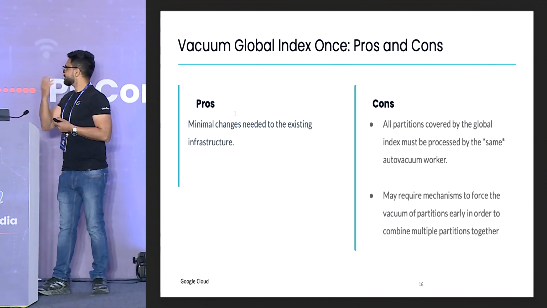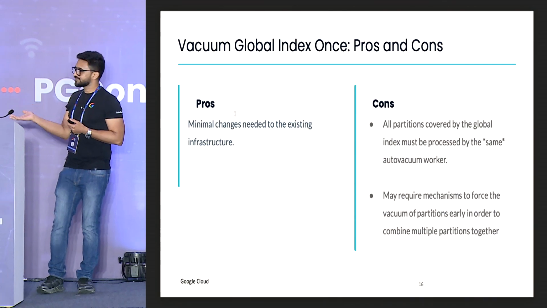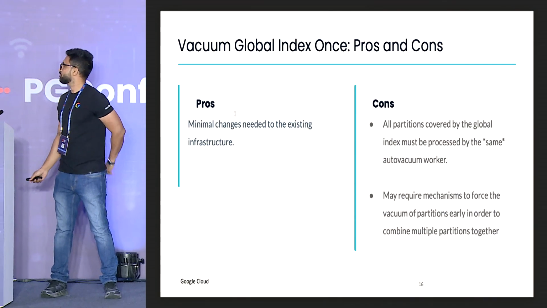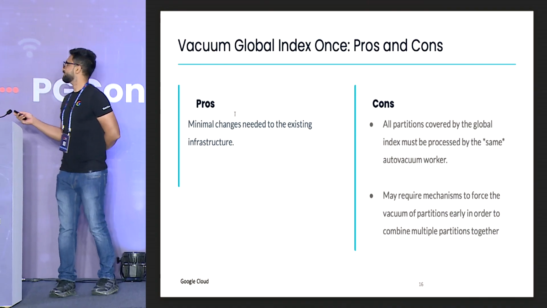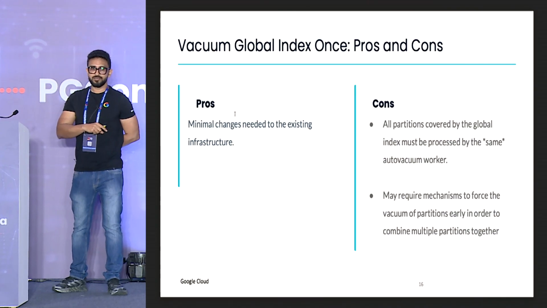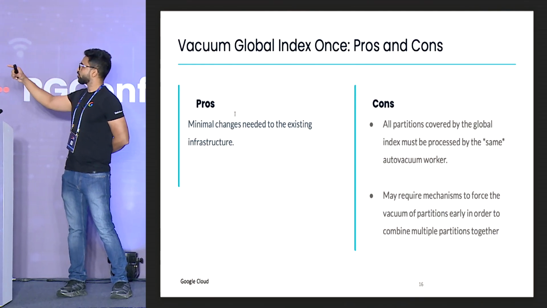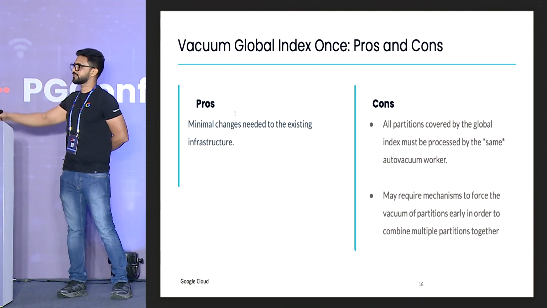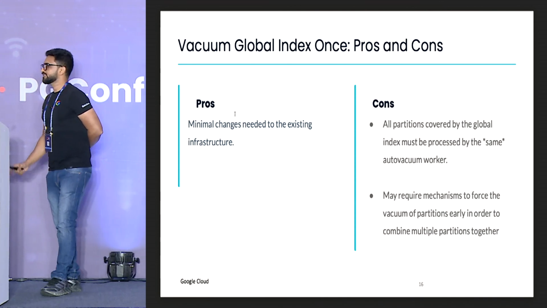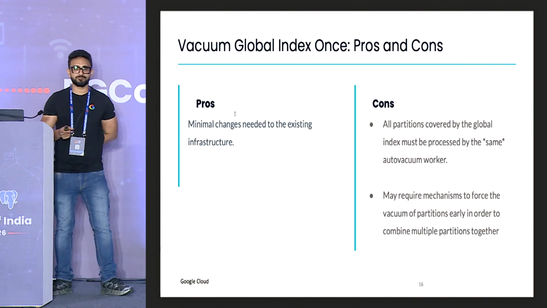The problem is, some committers might not think it is a problem, but others may. So yeah, people have different opinions on that. The problem is that we need to vacuum all the partitions which have a global index on top of them by a single autovacuum worker, because your dead TID store is still in local memory. So we need to get them vacuumed by the same autovacuum worker, which might affect the parallelism.